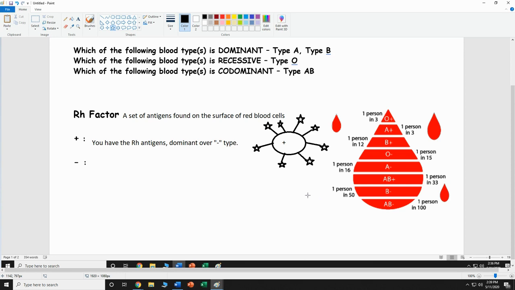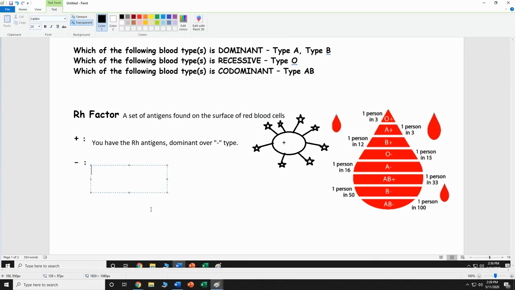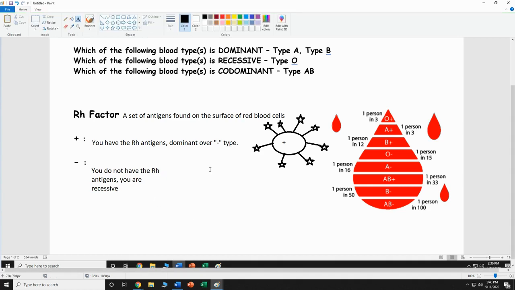All right, if you are Rh negative, then you do not have the Rh antigens, and you are recessive. All right, so positive is dominant over negative. All right, and to show you what that would look like, you would have a blood cell.